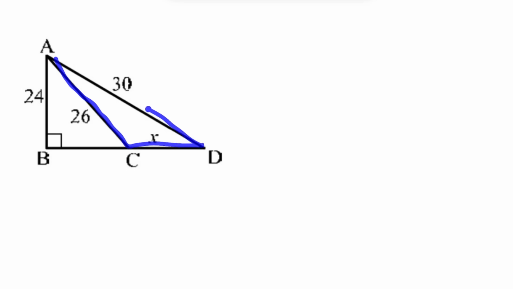This is not a right angle triangle. It's a triangle, but it's not a right angle triangle. This one is an obtuse. If you look at that angle there, it's bigger than 90, but less than 180.